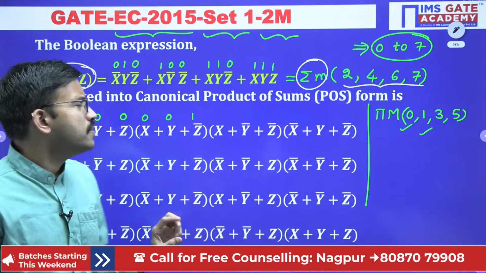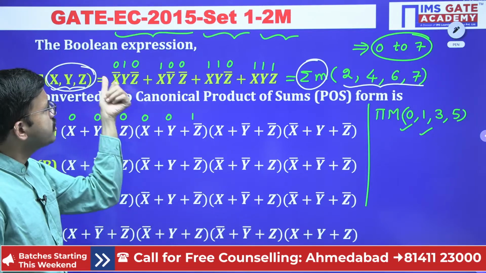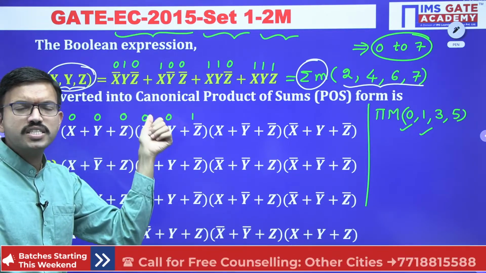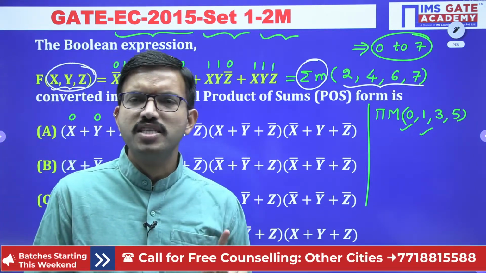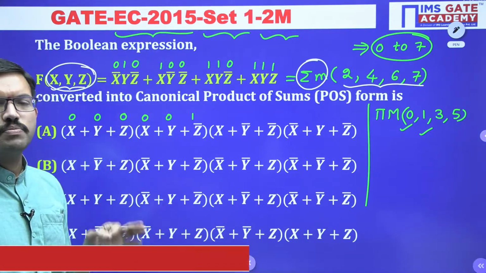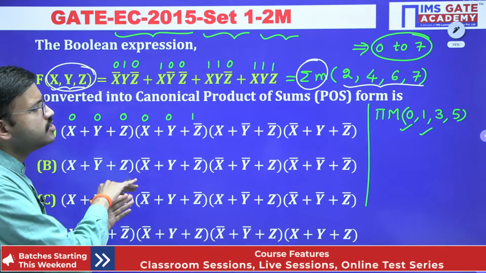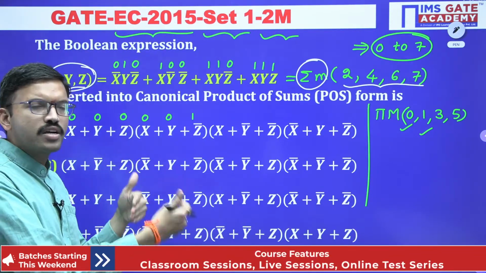It is very simple. Whatever term you are considering, when you substitute the corresponding input combination, for min term you should get output 1, whereas for max term you should get output 0. If you are getting like that, then the notation you have considered is correct. If you are getting the opposite, then just take the opposite way.